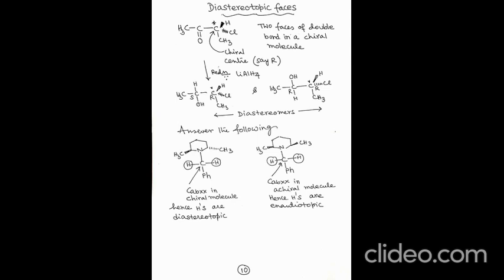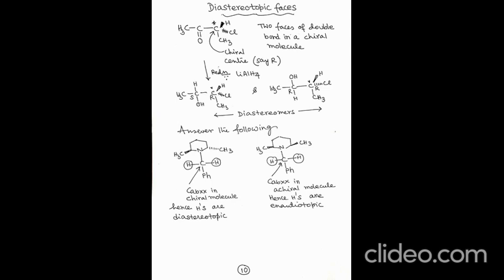Out of them one is present in the substrate, and another we are generating because of this addition. So the old center is constant, and the new center will come in 2 different possible ways. Definitely we will be getting 2 diastereomers after this addition, which is applied to the C double bond O next to the chiral center.